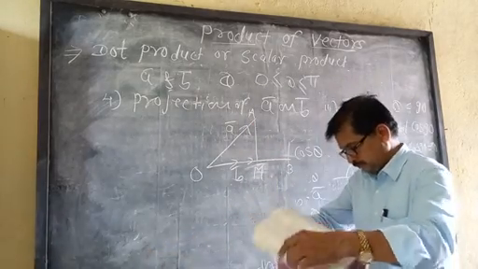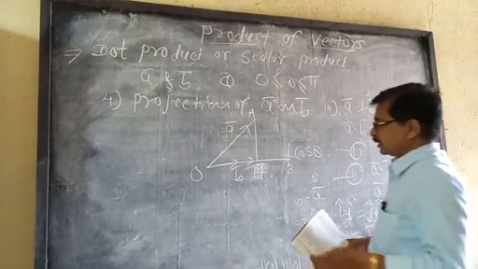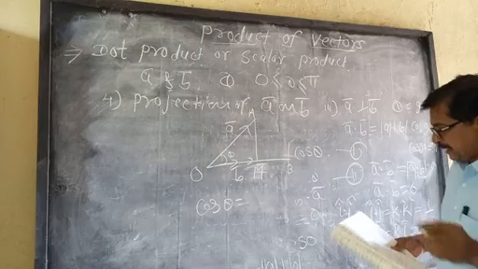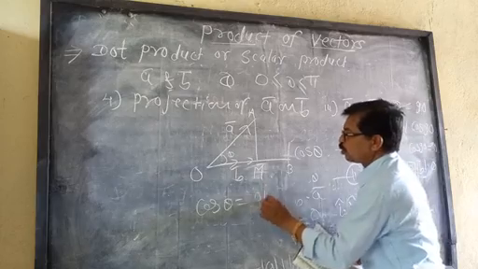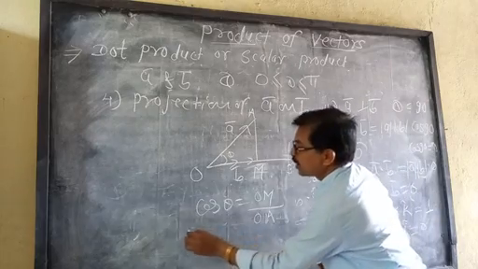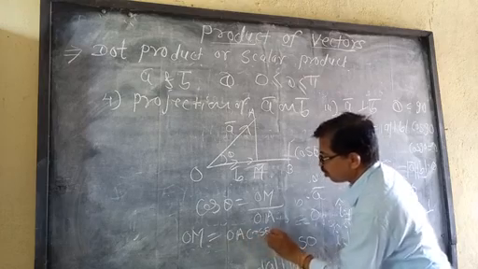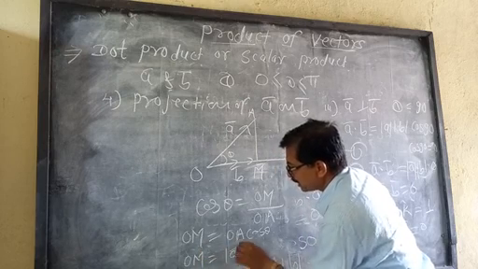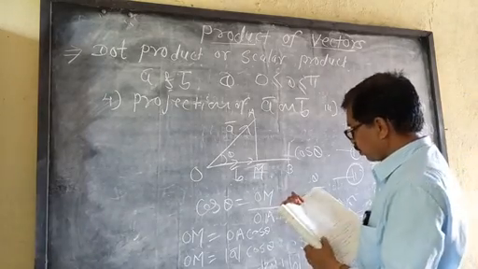If we take the projection of vector A on vector B, then cos theta is equal to OM divided by OA, that is, OM is equal to OA cos theta, that is, OM is equal to magnitude of vector A cos theta. OM is the projection.